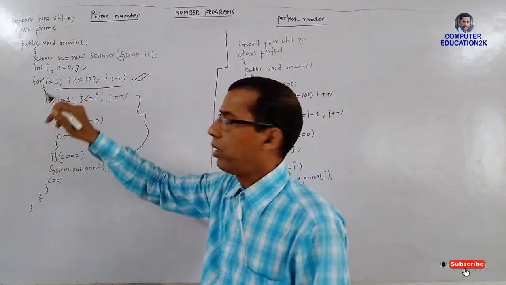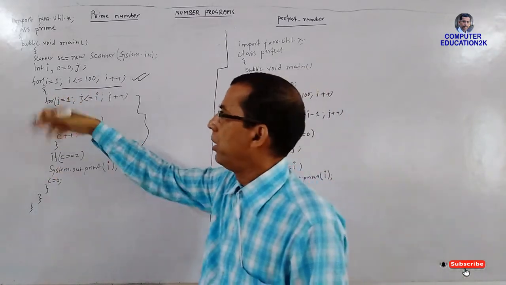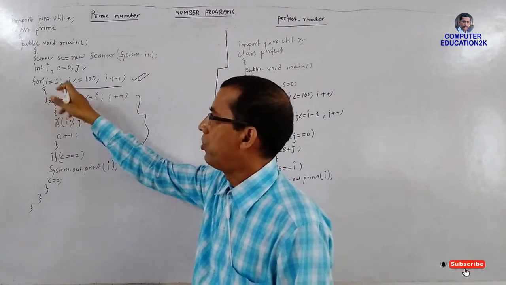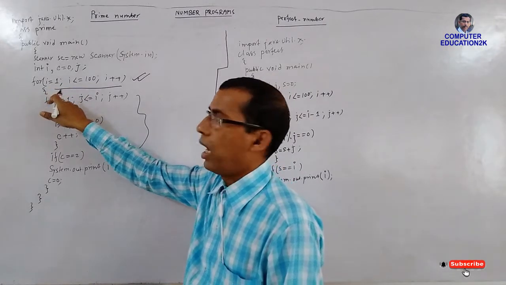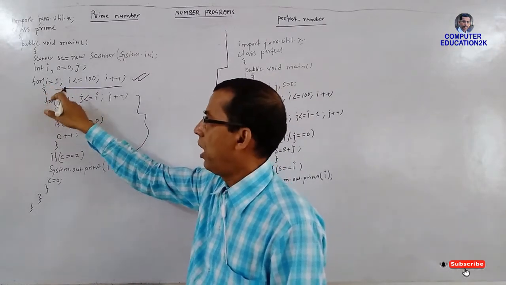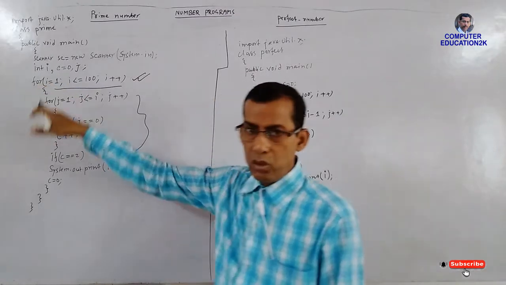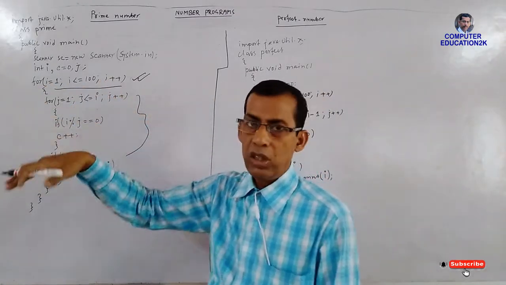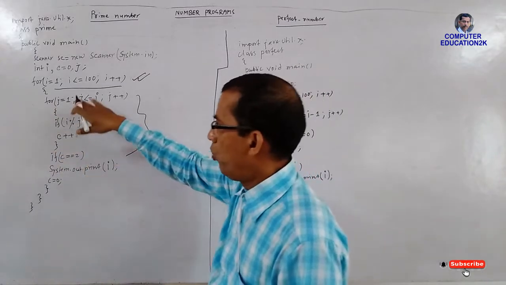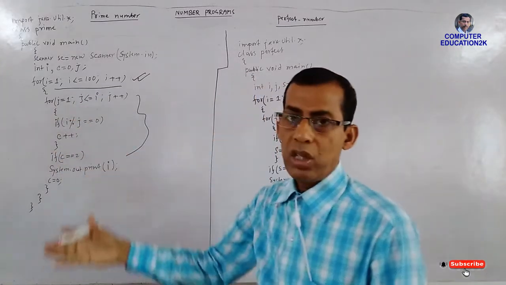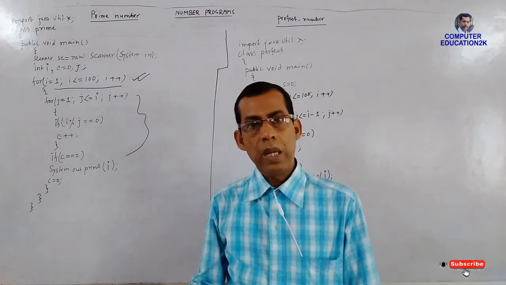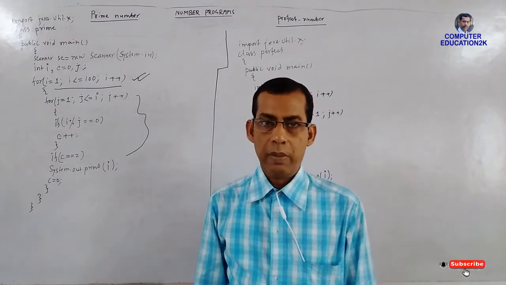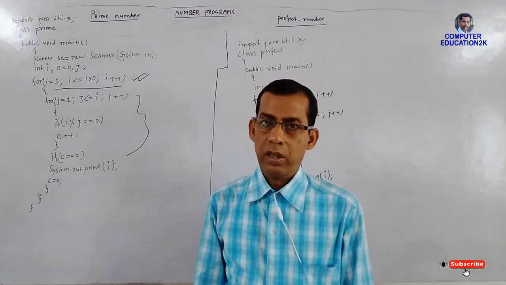Then i will become 3, then 4, 5, 6, 7, 8, 9, 10, then 11. This way the value of i will increase, and we will check whether each value is prime or not. If it is prime, we will print that number. Otherwise we will not print it.